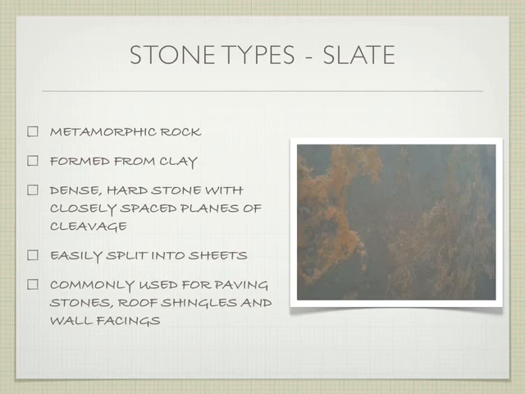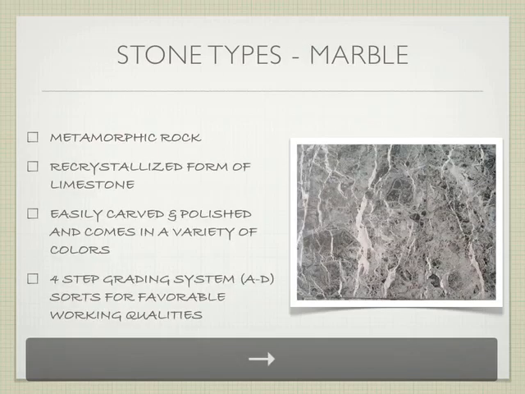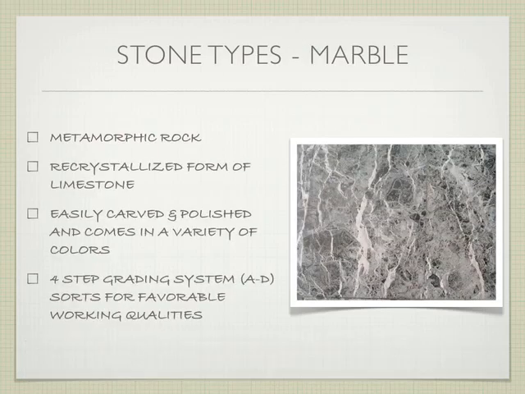We can split it into thin sheets that we can use, and the sheets are relatively durable. So when you pass these around, just make note of what those edges look like. And again, it comes in a variety of colors.